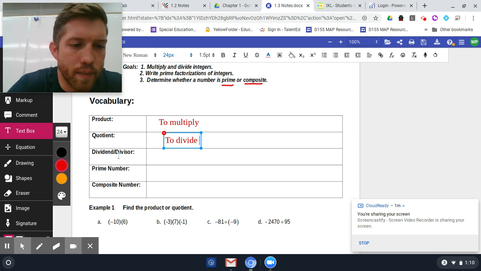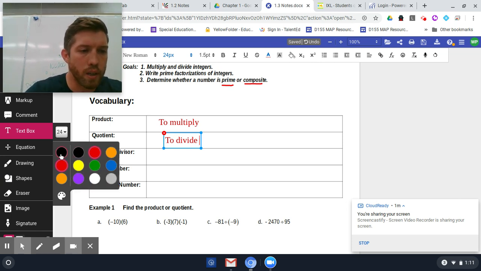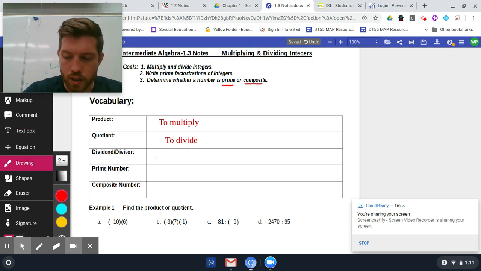The next one is dividend and divisor. Those are two very similar words. What that really is talking about is when we have a fraction. So oftentimes we might have a fraction like this. We see the fraction line, and we have a top number, and we have a bottom number.